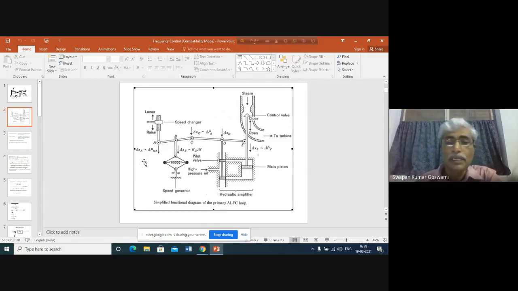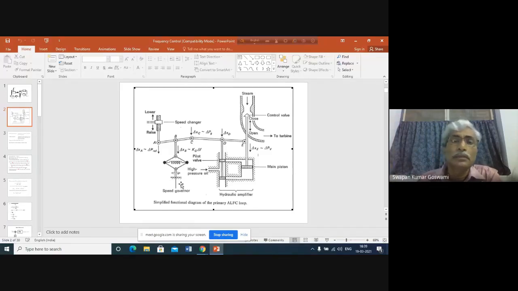And this is the primary ALFC loop. Later on we shall see that there is also a secondary loop of the load frequency control system, and this is therefore called the primary loop. What is the difference between the primary and the secondary loop? That will be clear as we proceed in the discussion.